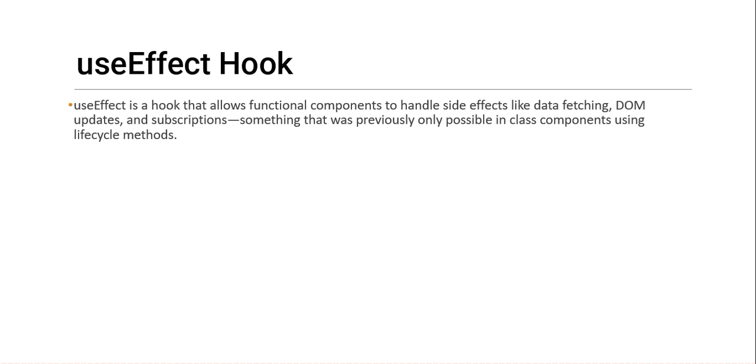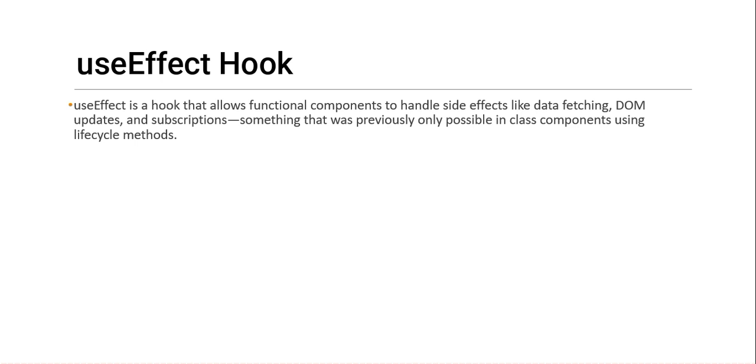With the help of these methods, we can handle rendering or mounting the component in its lifecycle. But this does not happen in functional components, so with the help of the useEffect hook, we can achieve this updating or rendering in functional components.